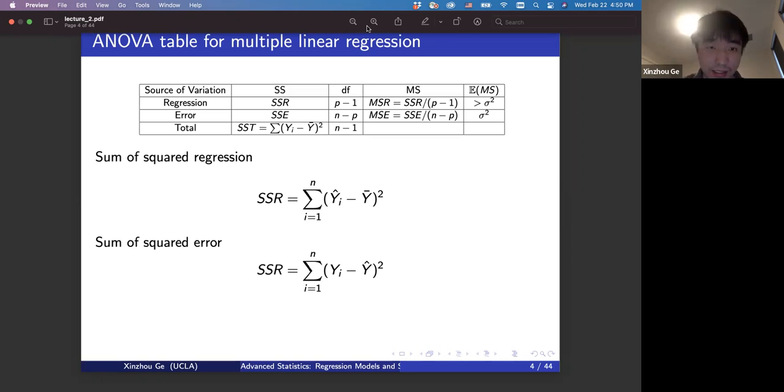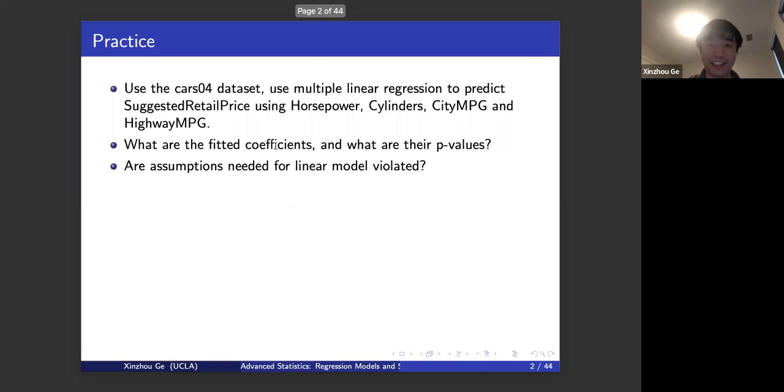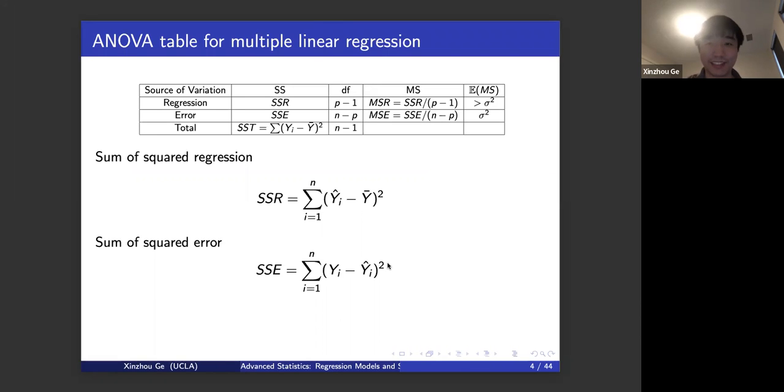Sorry that I didn't check it carefully before. Okay, I have corrected this. Sorry about my typo. Okay, so this is the correct version.